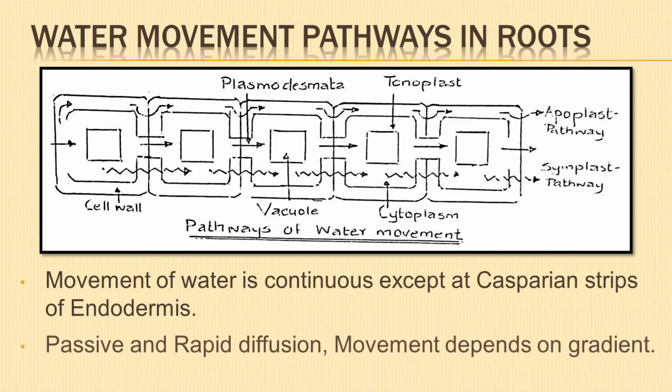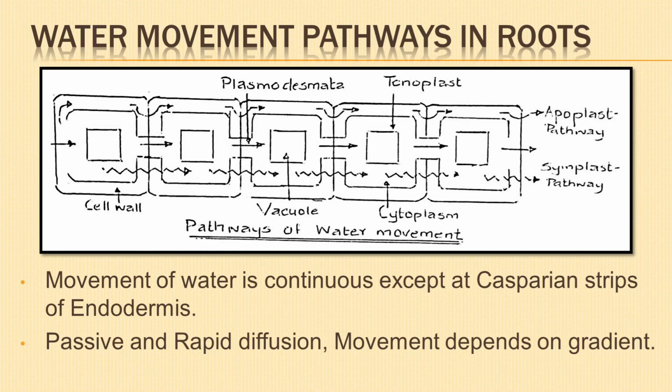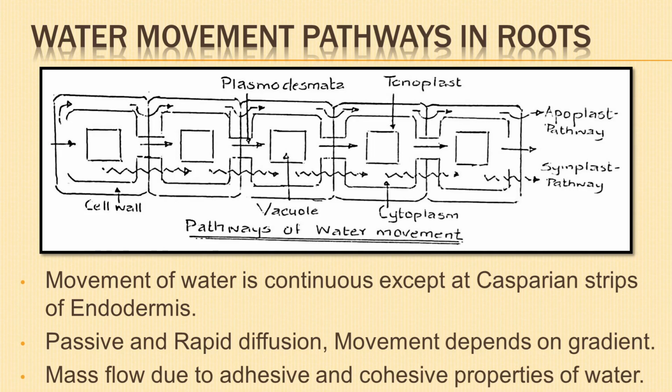The movement of water in apoplast occurs by passive diffusion and is rapid. The movement is dependent on the gradient and is not affected by the metabolic rate of the cells. This mass flow of water is due to adhesive and cohesive properties of water.